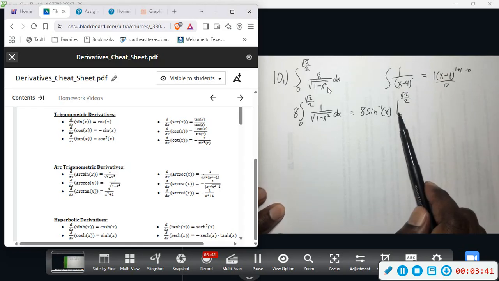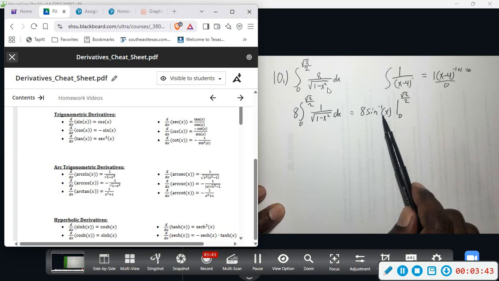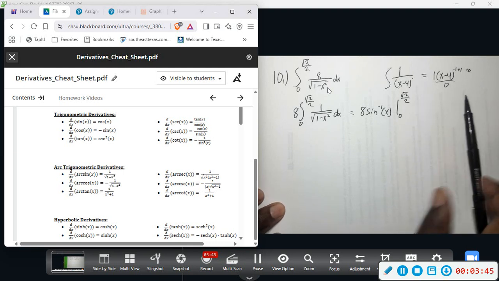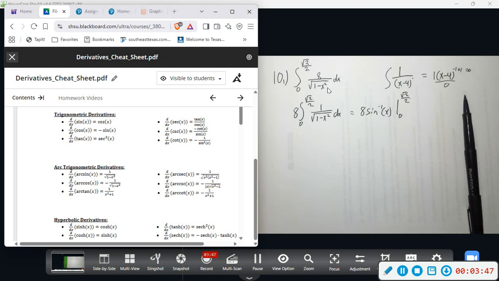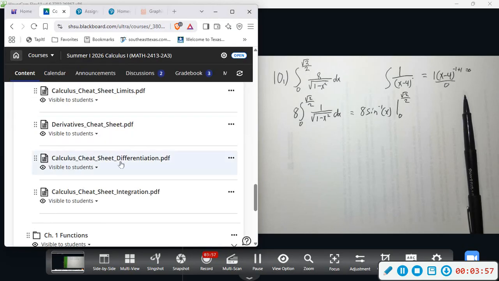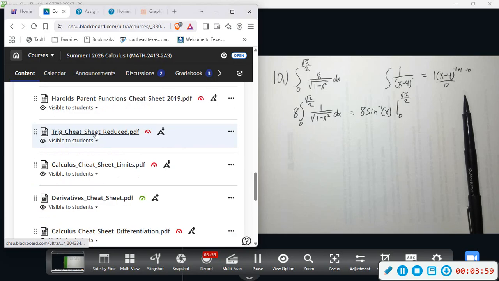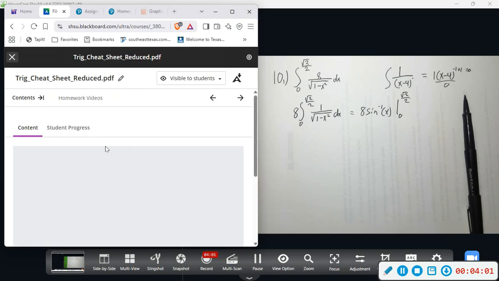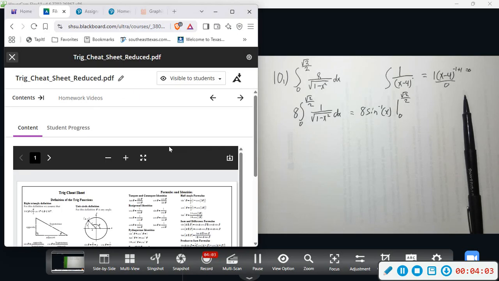Now, we're going to be using the unit circle, but let me remind you of those restrictions when we're doing inverse sine. Those are not ones that we work with very often. So let me go back to our trig cheat sheet, and then we can look at the restrictions so you know what we're looking at exactly.